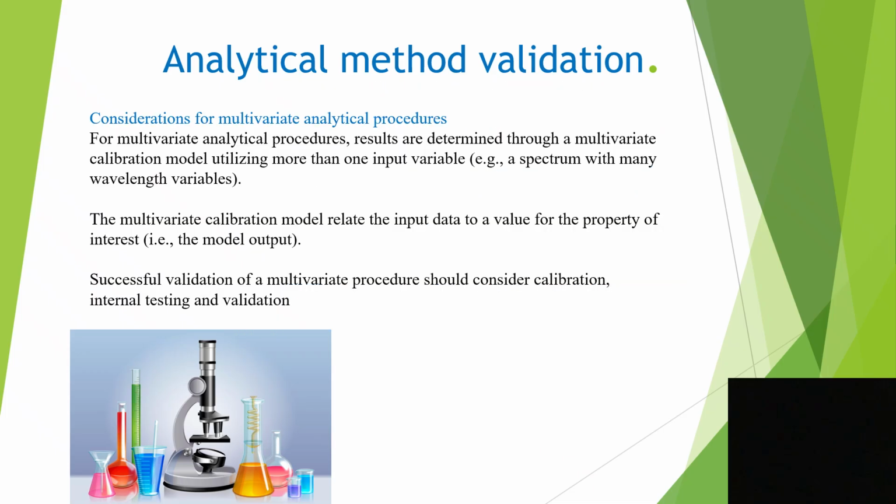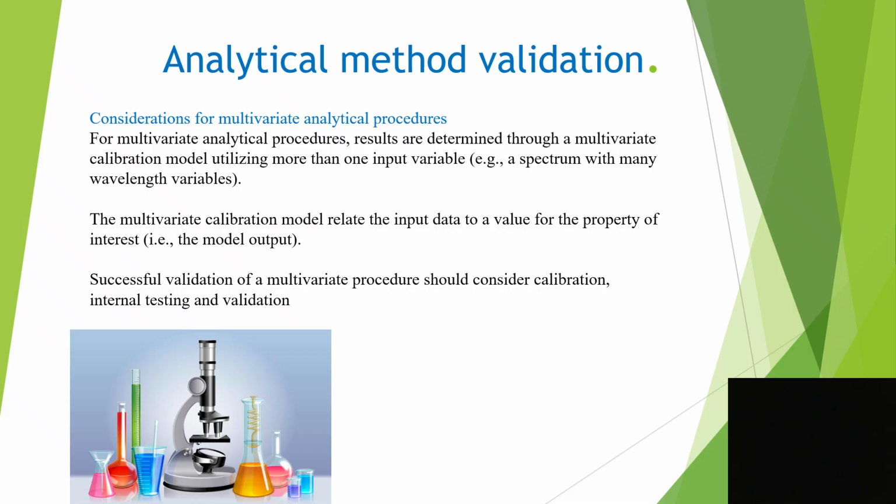In analytical method validation, the next item we consider is the multivariate analytical procedure. For multivariate analytical procedures, results are determined through a multivariate calibration model utilizing more than one input variable. It means, for example, there should not be one variable, there should be multiple variables to test the criteria. Example: a spectrum with many wavelength variables.